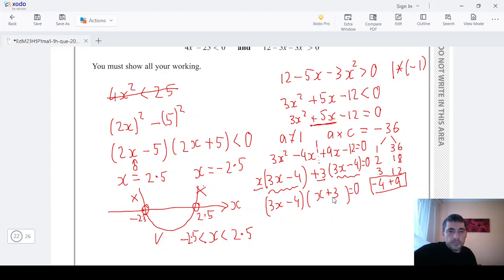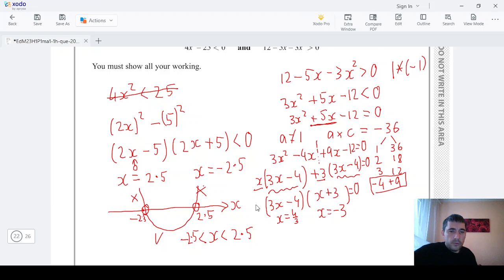So I know that my graph will intersect the x-axis when each of the brackets is equal to 0. The first bracket will be equal to 0 when x is 4/3. The second bracket will turn into 0 when x is equal to -3.